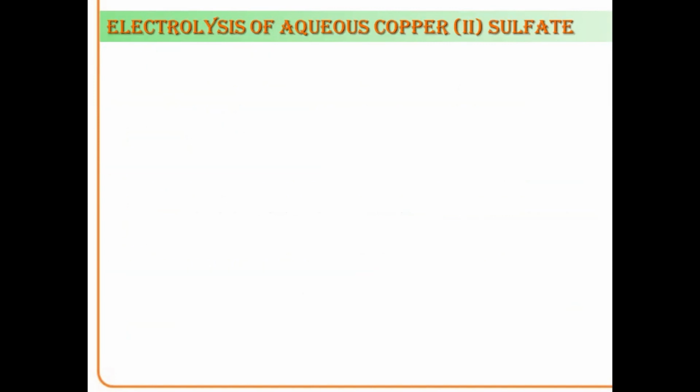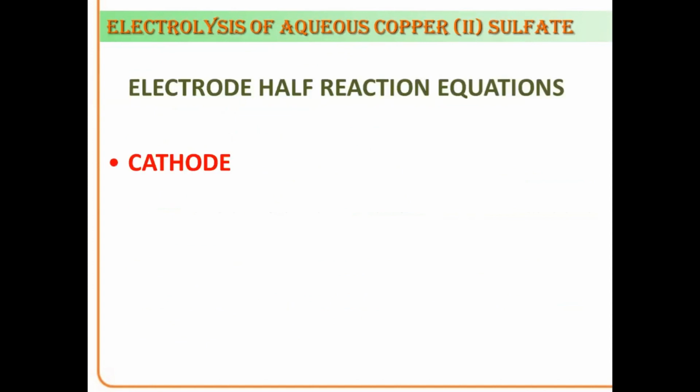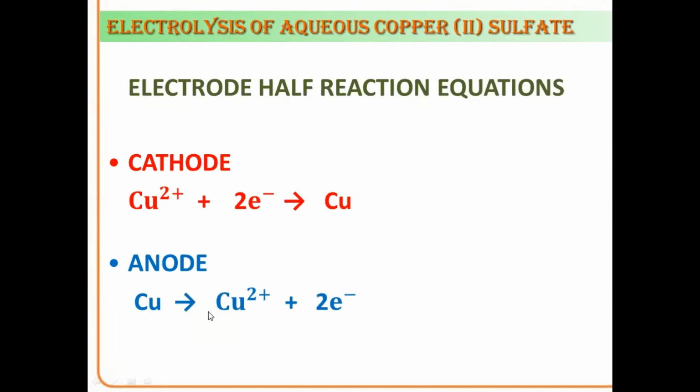Now let's look at the electrode reactions. At the cathode, copper 2 plus ions receive 2 electrons, and then we form copper that is deposited. At the anode, the copper dissolves into solution, which means it's going to form copper 2 plus ions and 2 electrons.